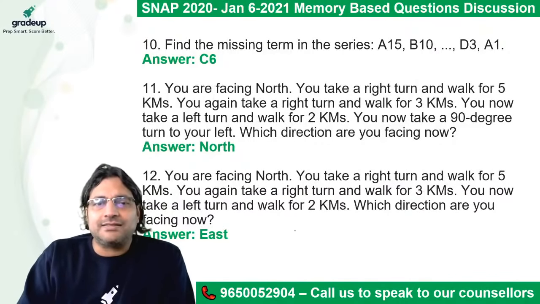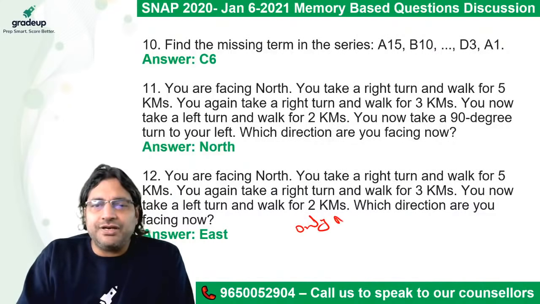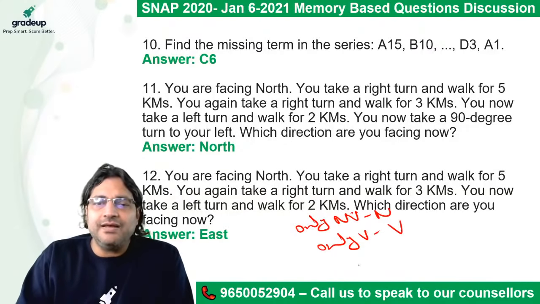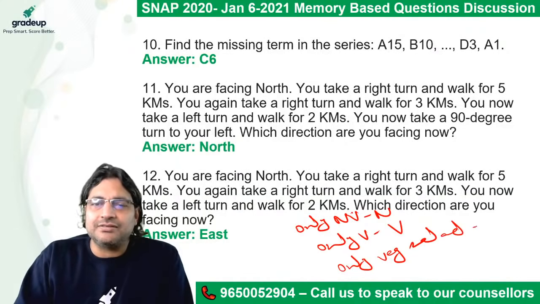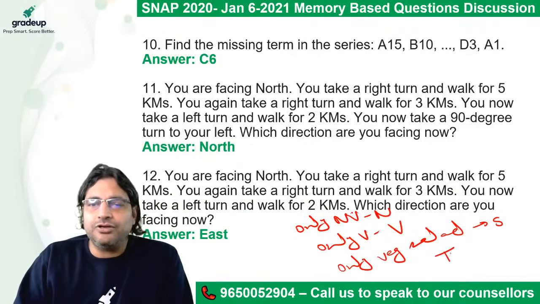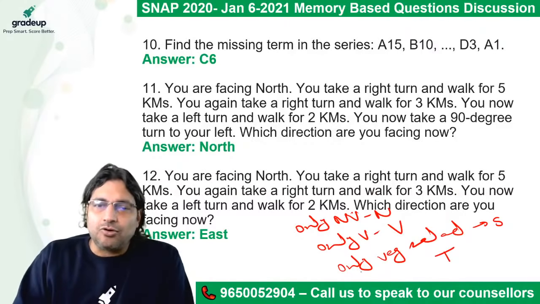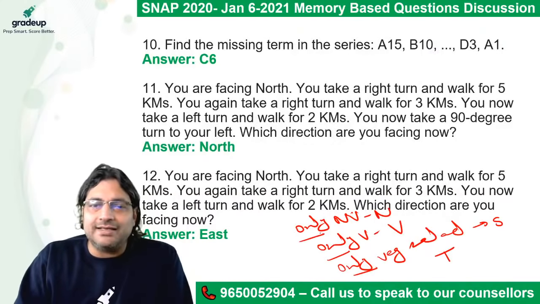There were three sets: only non-vegetarians, only vegetarians, and only vegetarian salad eaters. This was S. And then we had the total, the universal set. I could read only there in the examination.